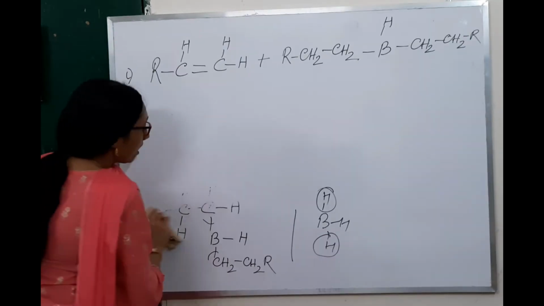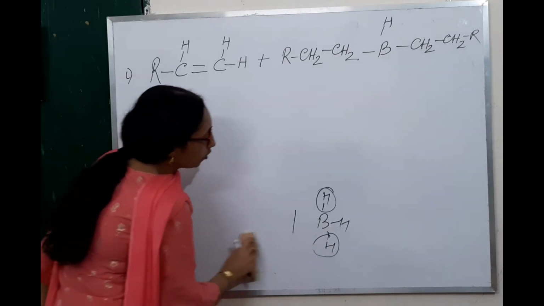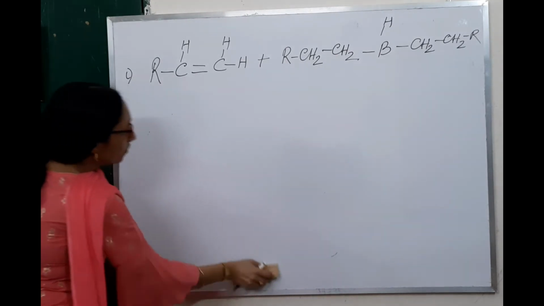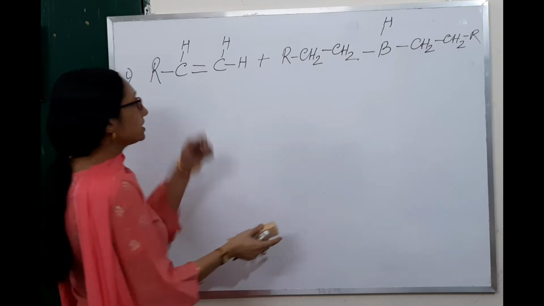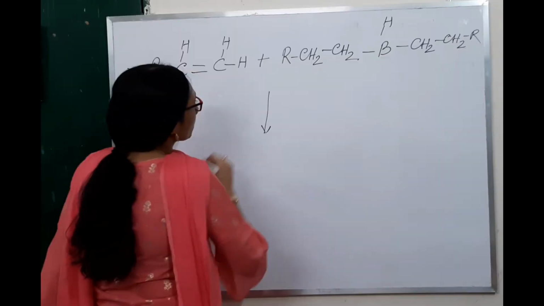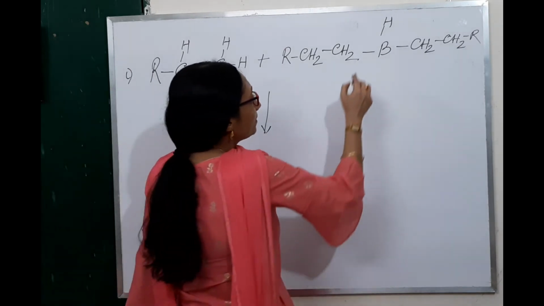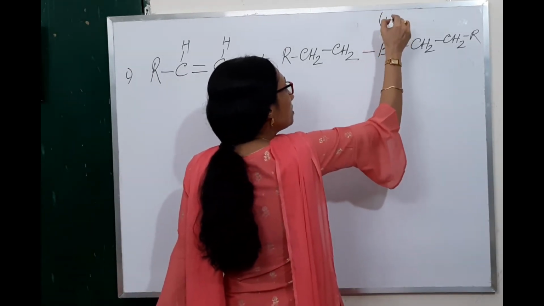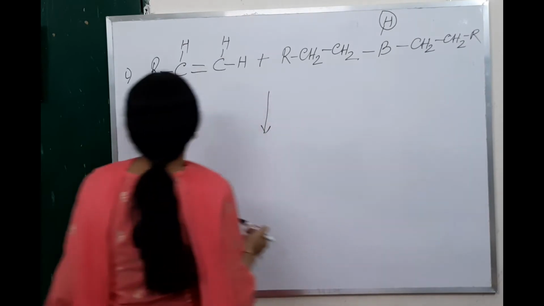Now let us see how the dialkyl boron will add to another molecule of this alkene. Now here again what will happen? This H will be transferred as H minus to which carbon?